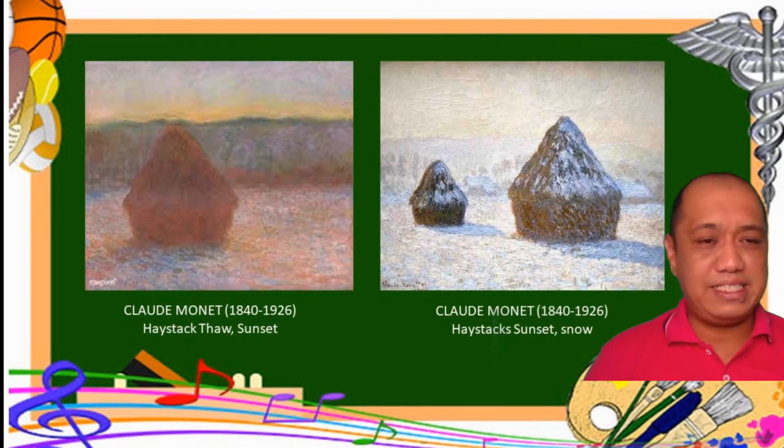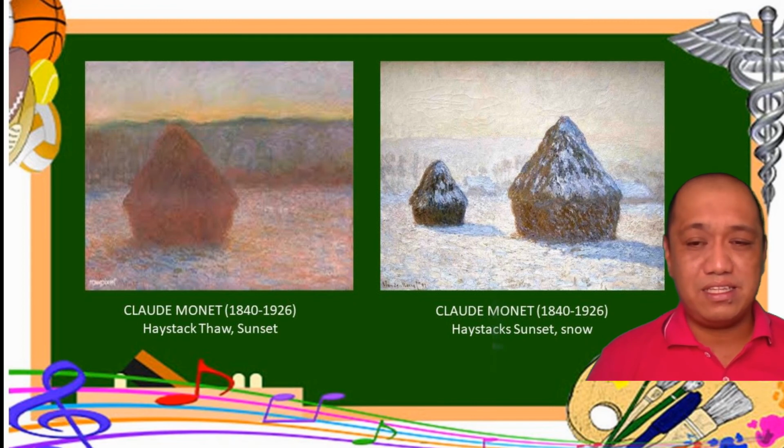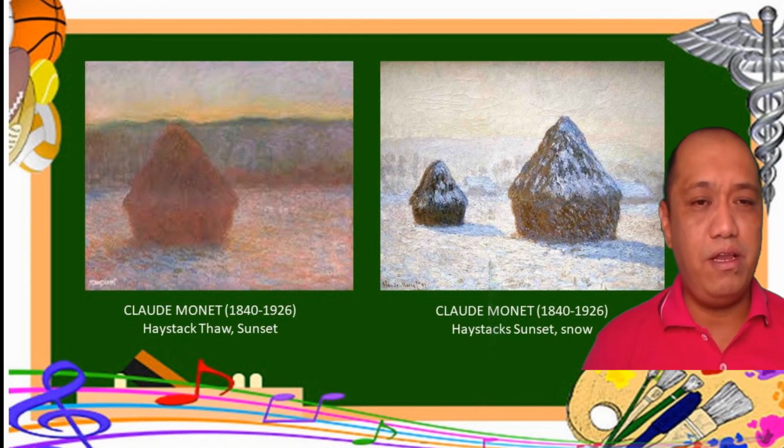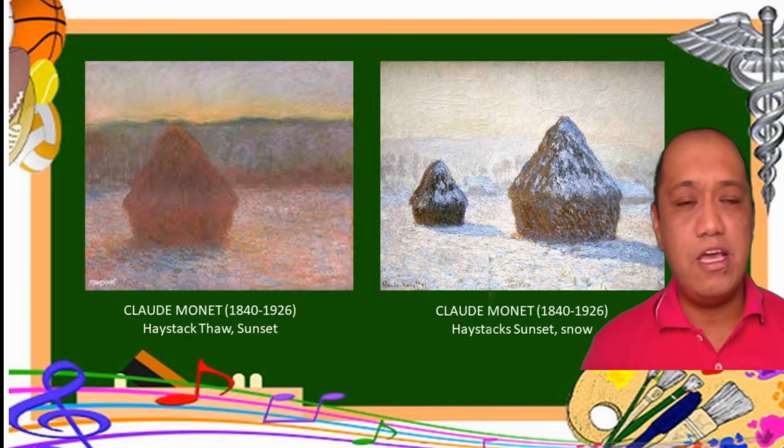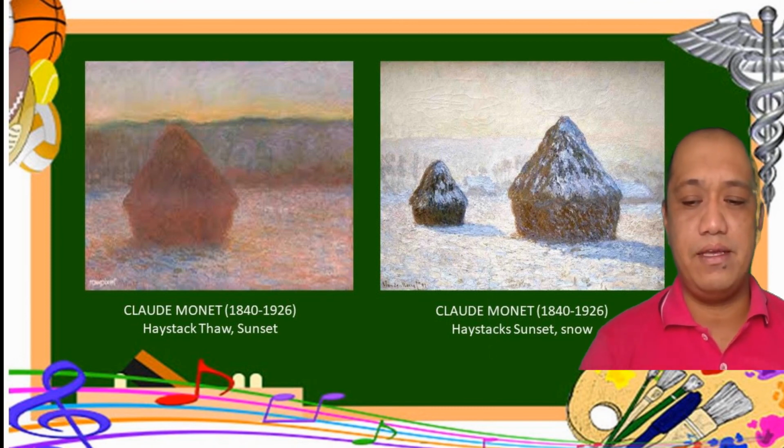And lastly, Claude Monet painted a haystack at sunset and a haystack in sunset, snow. So those are the lighting effects used by Claude Monet to create different kinds of lighting effects in Impressionism painting using the haystack.